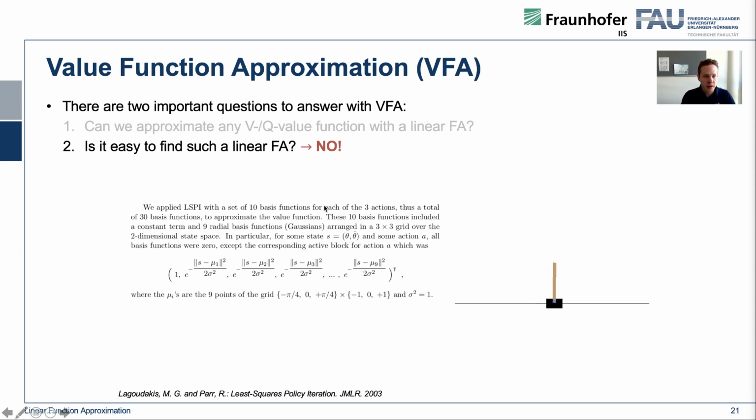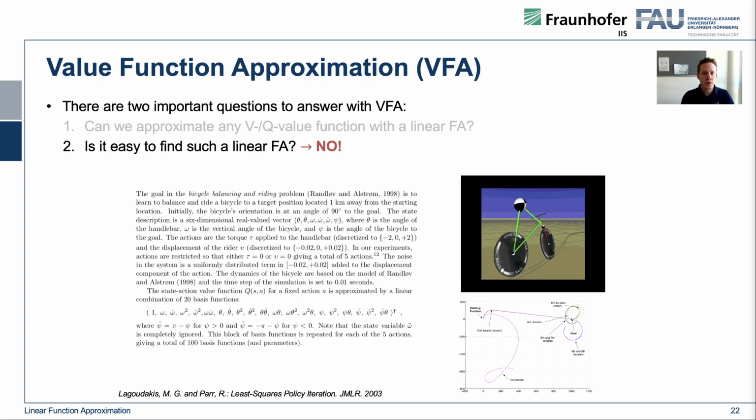And you can then come up with this state representation and do LSPI, which in this case is least squares policy iteration, where you can solve the problem in the continuous state space using this feature set. The same goes for the control problem of bicycle balancing, the bicycle balancing and riding problem, where you need to follow a trajectory and balance the bicycle at the same time.